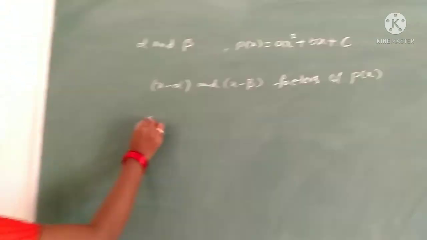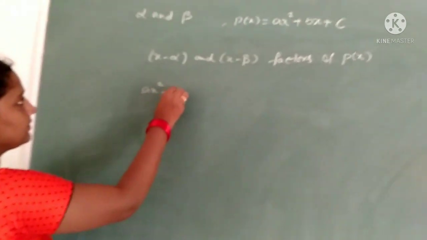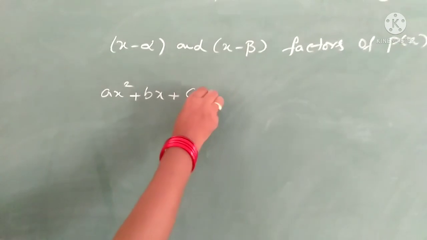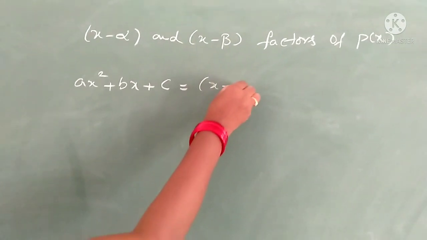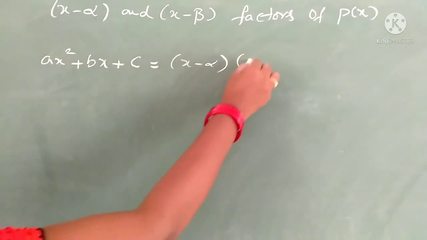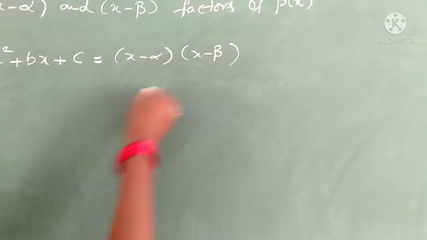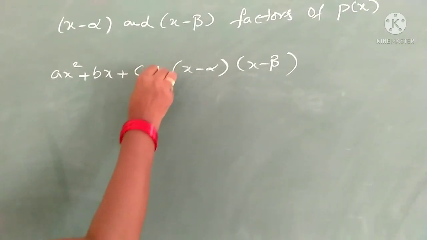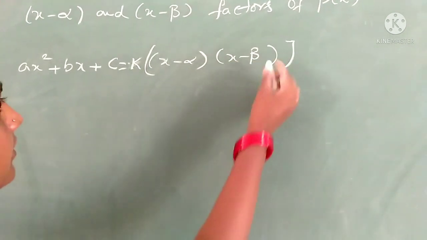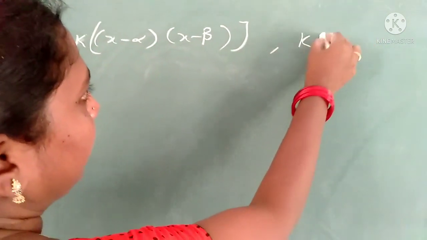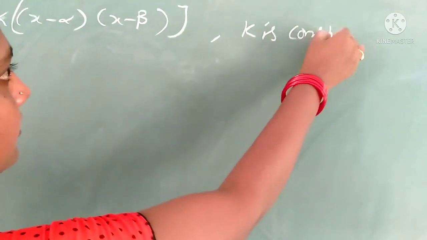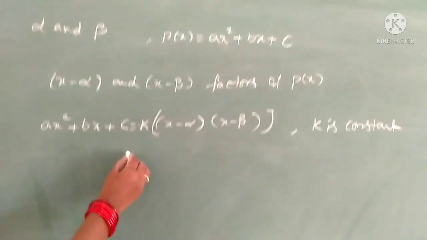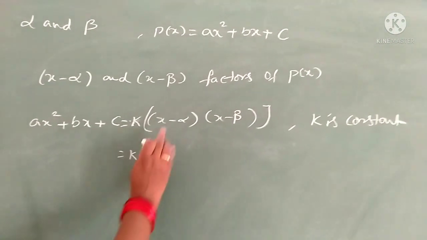So ax square plus bx plus c equals k into the product of x minus alpha and x minus beta, where k is a constant.